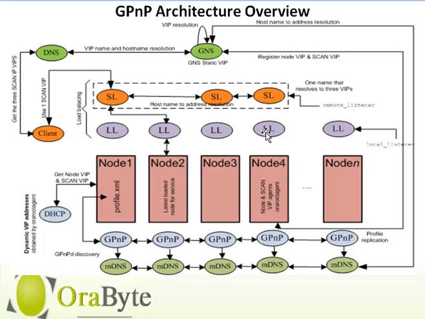There are VIPs for SCAN listener. There is a VIP for GNS. There are 3 kinds of VIPs here: GNS VIP, SCAN listener VIPs, and application VIPs. And then you can also have your own VIPs, customize them. Each node is having mDNS and GPnP also running.